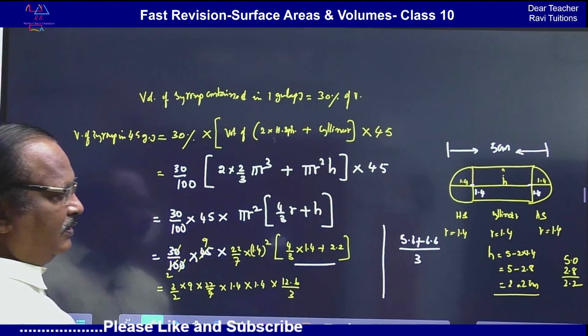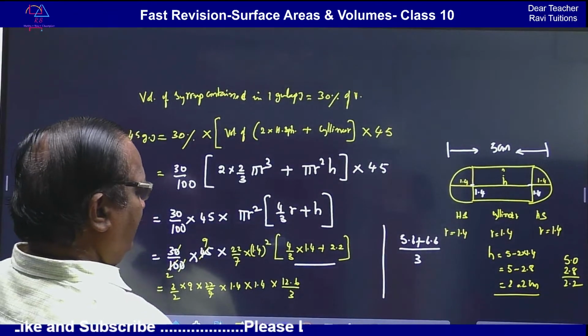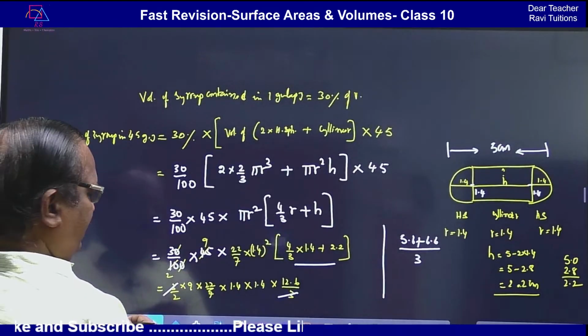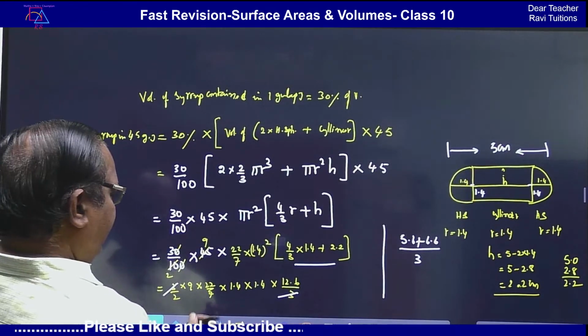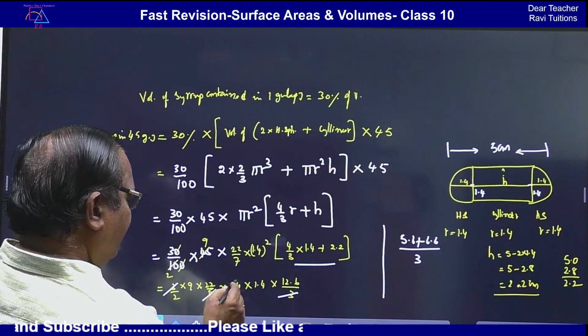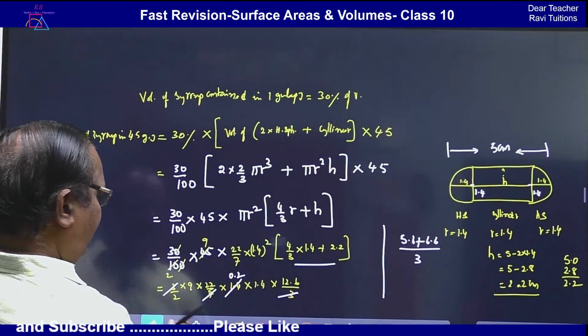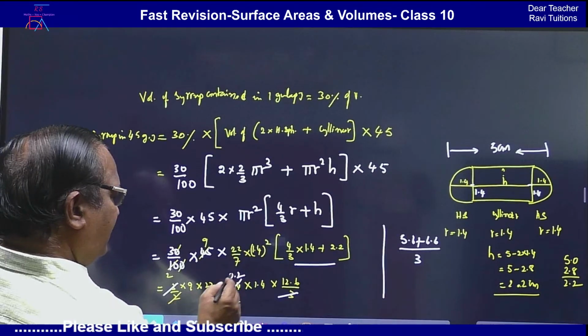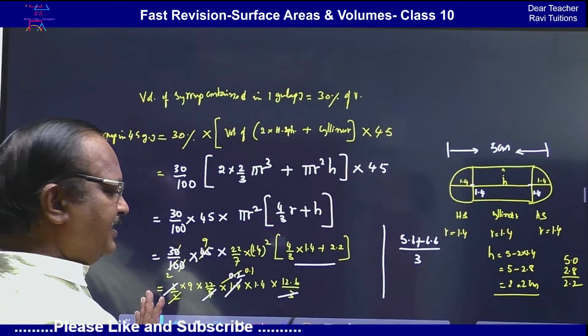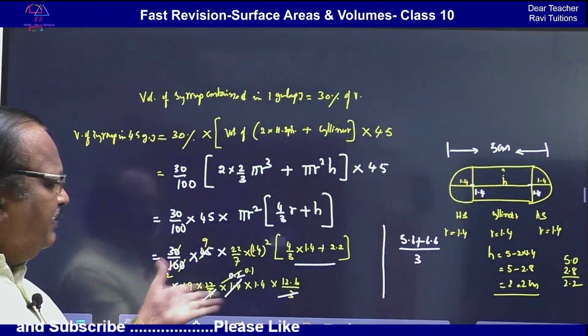Now, yeah, you can cancel 3. Okay, now this 7 in 1.4, 0.2, and this 2 and 0.2, 0.1. Now all denominators are cancelled and multiply.